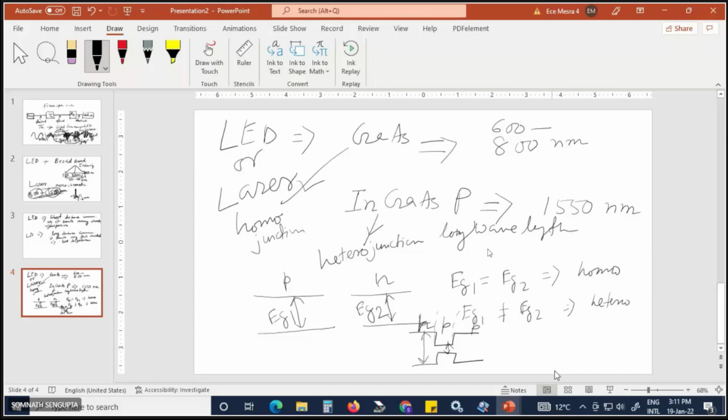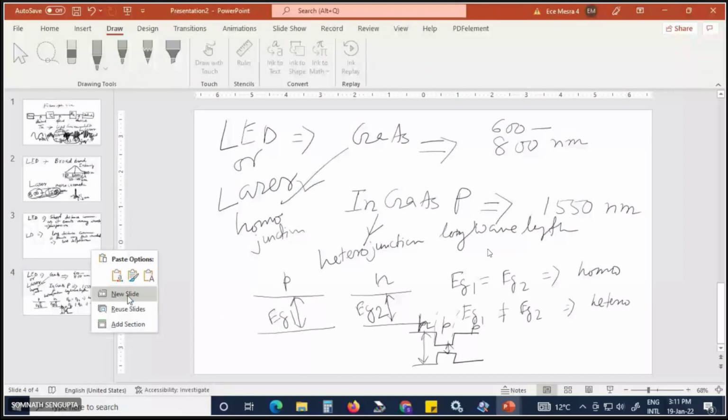So it allows better carrier confinement and wave guiding capability. You will study all this when you study the theory.